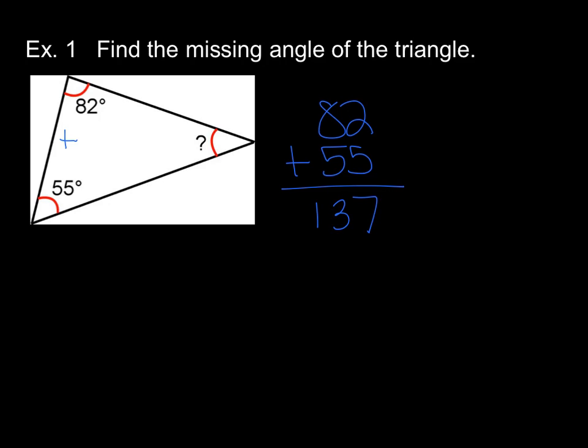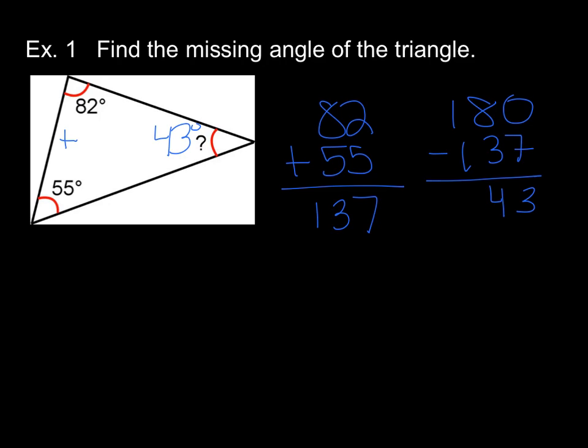And we are going to subtract that number from 180 because we know that they all have to add up to 180. So subtract 137 from 180, and you get 43. So that means that your missing angle would have to be 43 degrees.